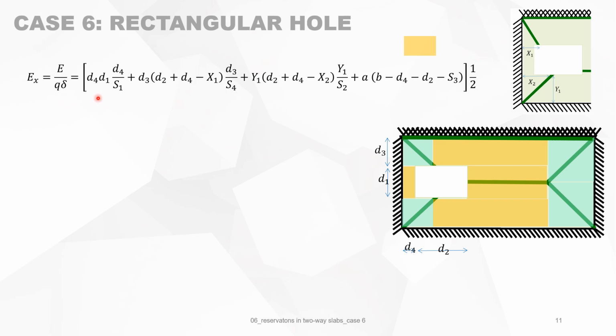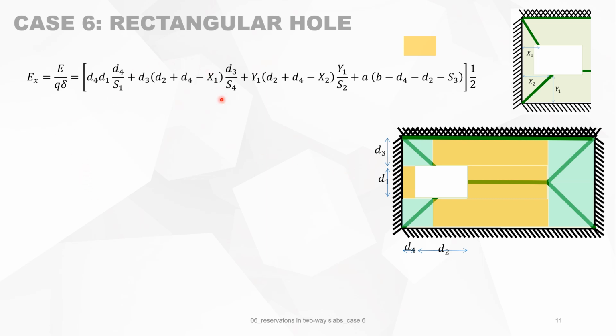Then we look at the different rectangular portions. The first one is d1 times d4, and then times the deflection, which is d4 divided by s1, because this is not moving with the same amount as delta, but it's a fraction of delta.